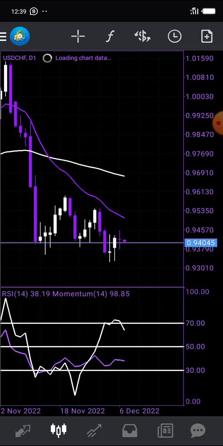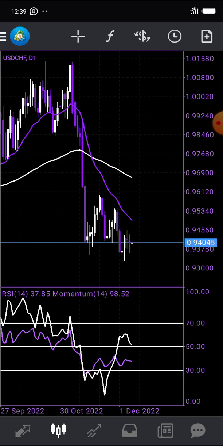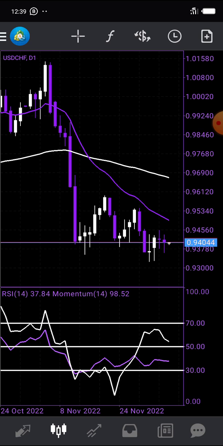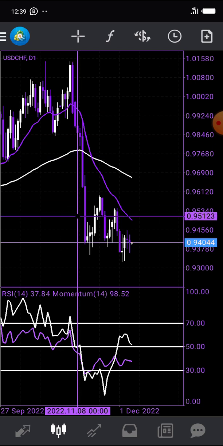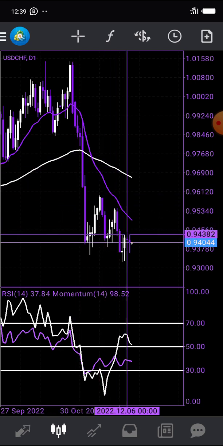Let's see the Swiss. Price is also in a flag pattern, which I see here. Price is coming down from this angle and forming this angle.